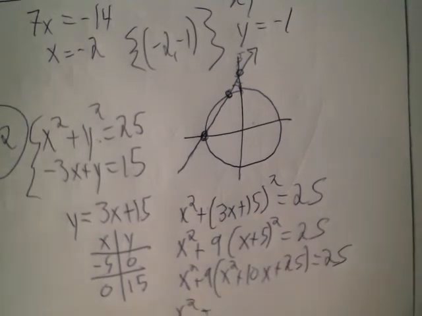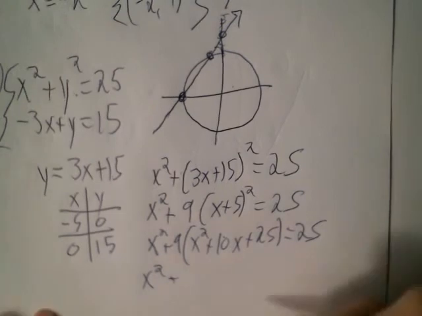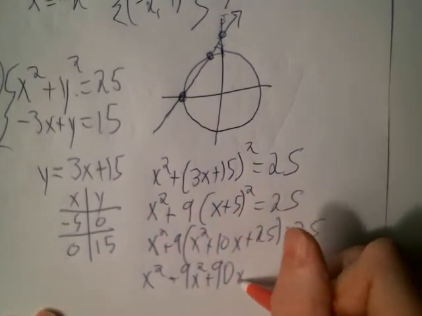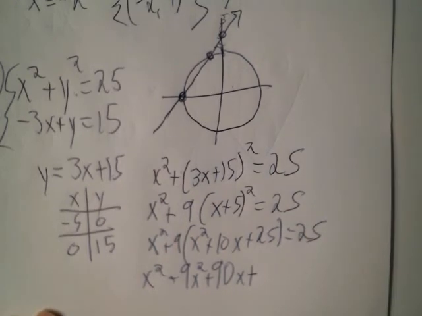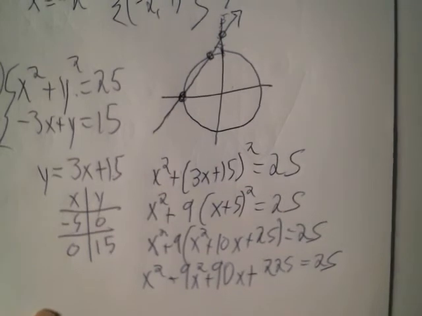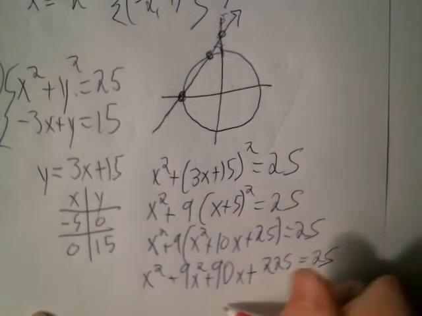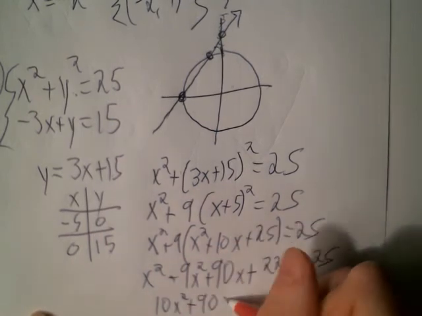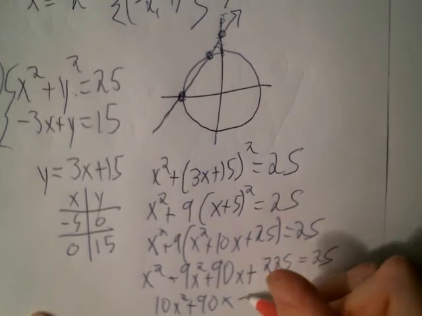And then distribute the 9. So x squared plus 9x squared plus 90x plus 225 is 25. It's quadratic, so I want to combine like terms. I get 10x squared plus 90x, bring the 25 over, plus 200.